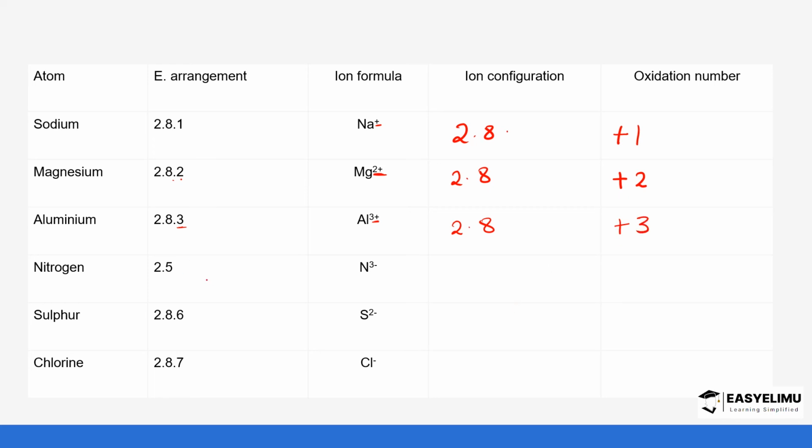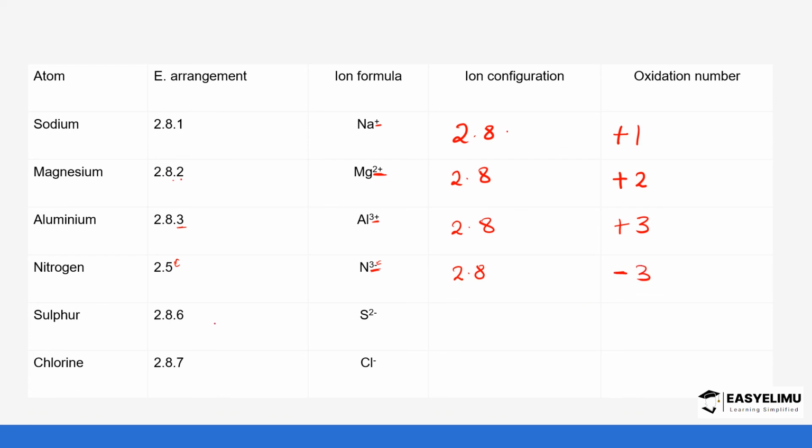Nitrogen is 2.5. So you can see from the formula it's gaining, because of the negative, it's gaining 3 electrons. So the new configuration is 2.8 because it gained 3 electrons to be 8 on the outermost shell. So that the oxidation number will become negative, and then we put the number.